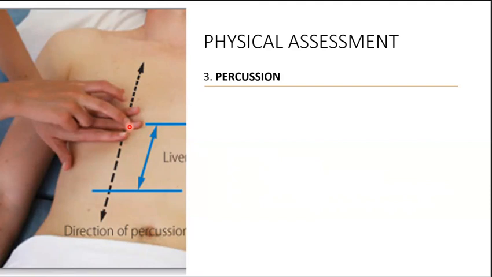Usually we do it to determine the size, consistency, or borders of body organs, or to determine the presence or absence of fluid in certain body areas. Again, percussion is performed after inspection and palpation, except for abdominal assessment. Remember, for abdominal assessment, you want to inspect, auscultate, percuss, and finally palpate.